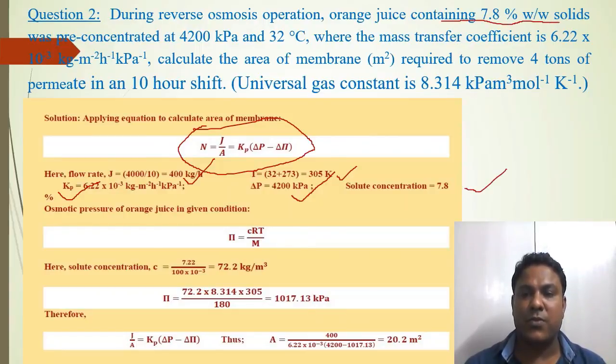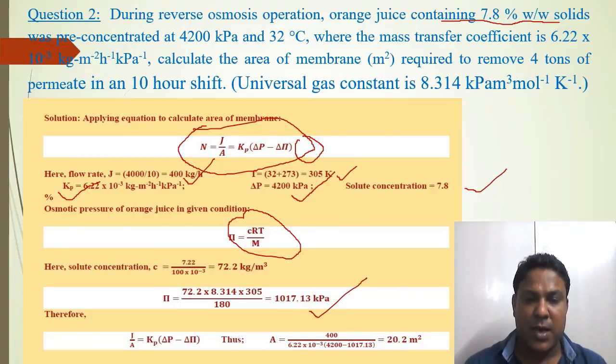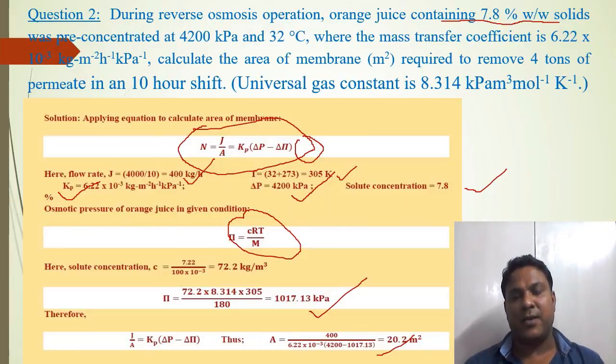The solute concentration is given as 7.8 weight by weight solids. So first we find the osmotic pressure del pi using this solute concentration, and here this is 1017.13 kilopascals. Applying J upon A equals Kp into del P minus del pi gives the area as 20 upon 2 meter square for the given membrane area.